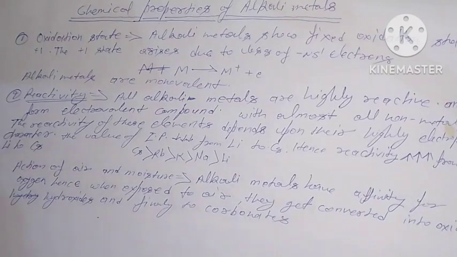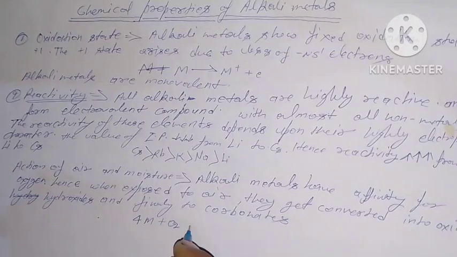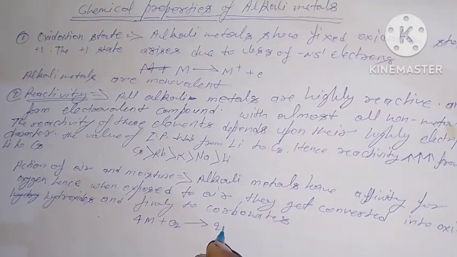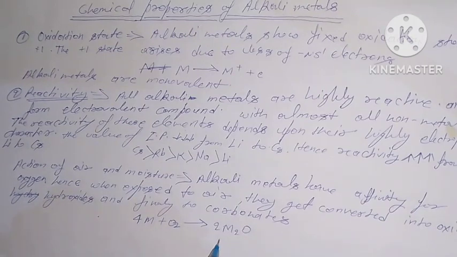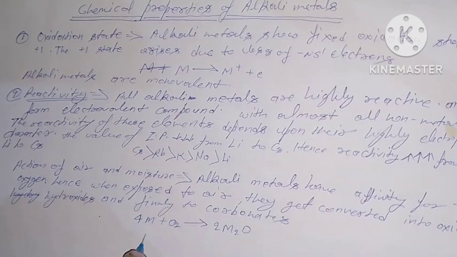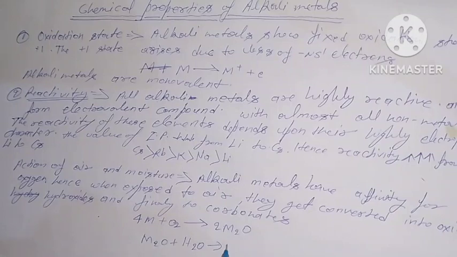4M plus O2, after reaction, is converted into 2M2O, and again M2O reacts with water and is converted into MOH, that is, metal hydroxide. This is metal oxide, this is metal hydroxide.